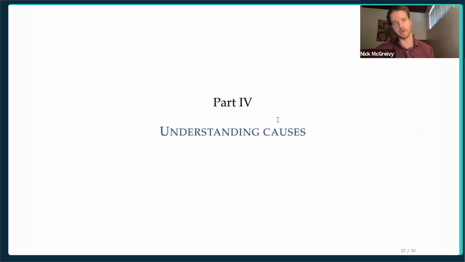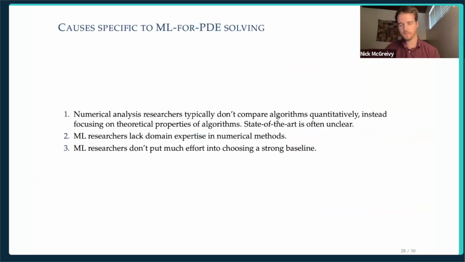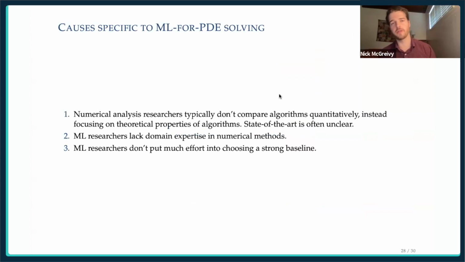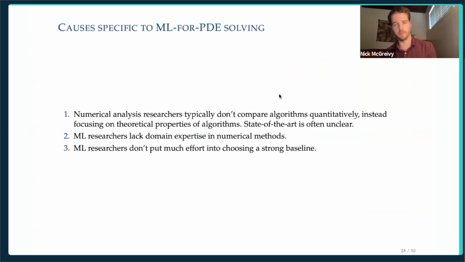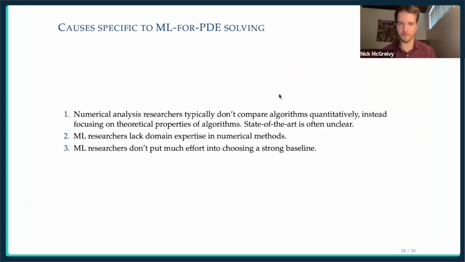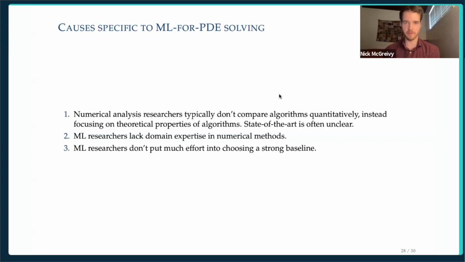So why is this going on? What's causing this? To some extent, some of these things I think are specific to the intersection of fluid-related partial differential equations and machine learning. Machine learning, as I think we know, is a very quantitative field. People are focused on metrics like, what is state of the art? Did you beat this baseline, et cetera.